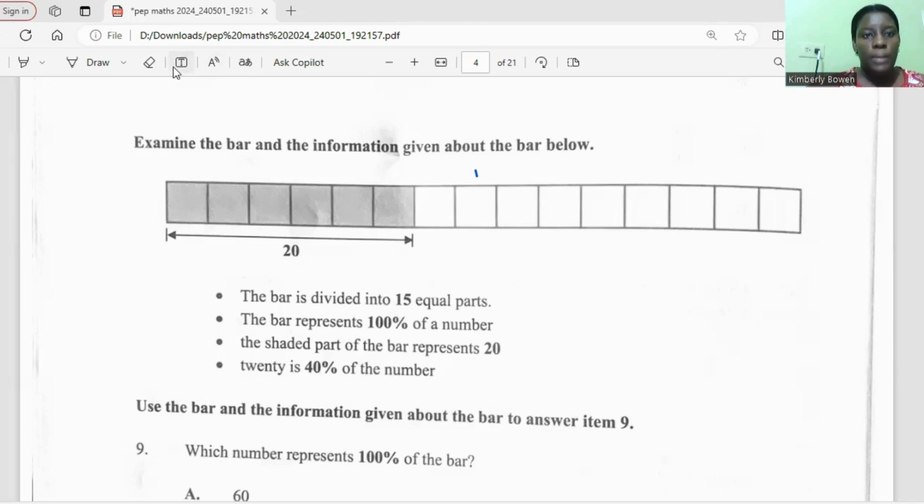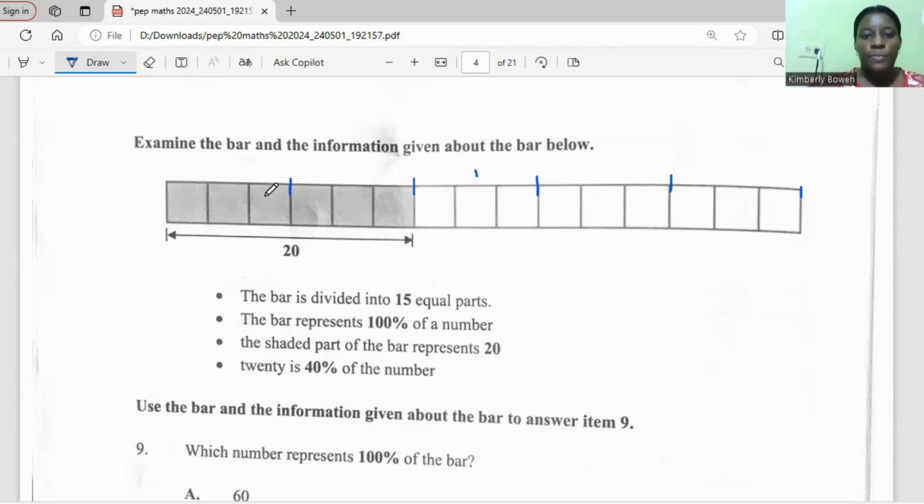So I broke it up and I realized that 3 would be 20%. Another 3, 20 plus 20, 40%. Another 3 will be 60%. And another 3 would be 80%. And then another 3 would be 100%.